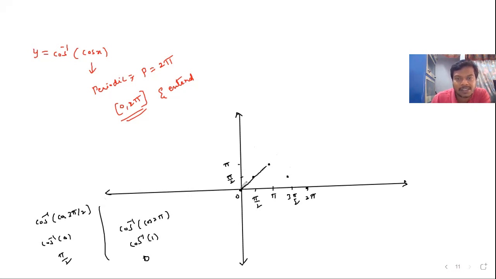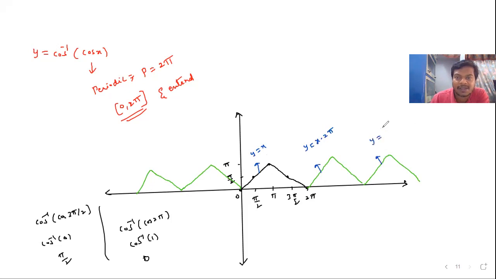Joining these points, this is the graph. Now we have to choose a similar graph for this. This is the graph of cos inverse of cos x, and I'm going to mention this is y equal to x, and this is y equal to x minus 2 pi.